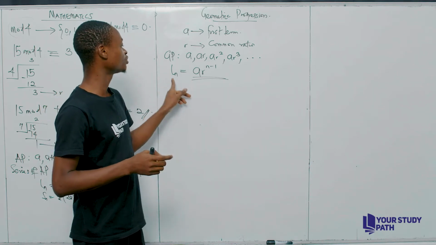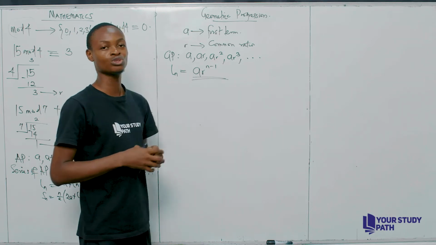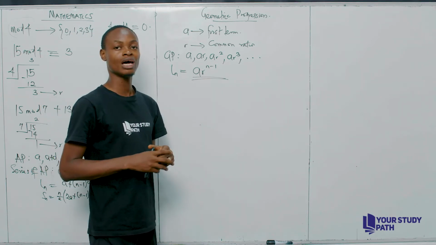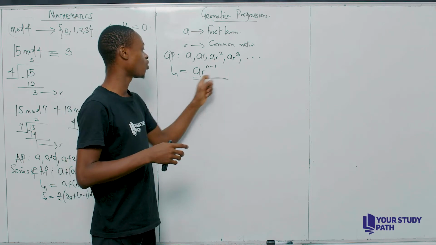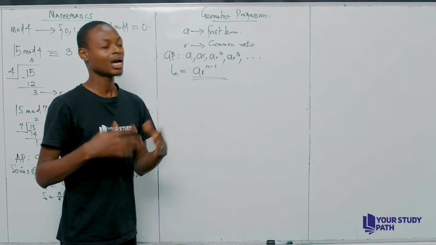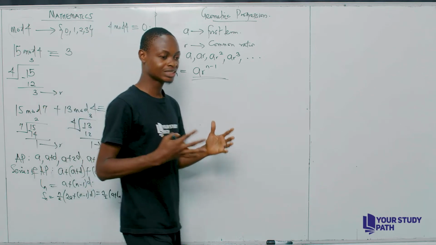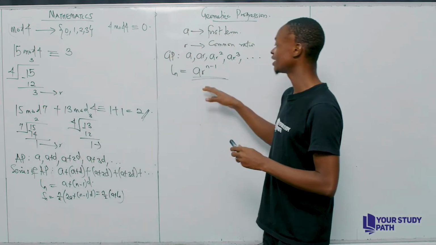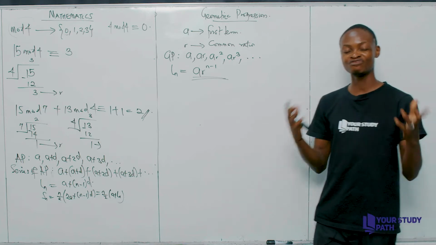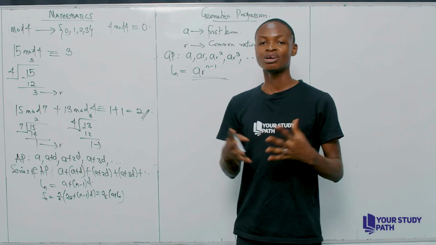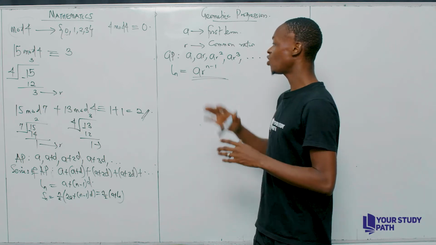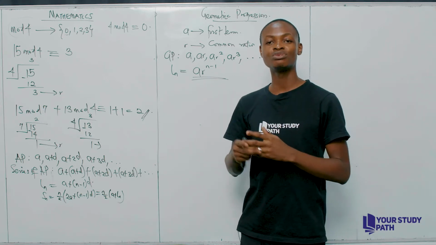Recall that if we were to put, let's say, n to be equal to 3 here, and you put it into this formula, you are going to get the value of the third term. If you put n equal to 4, you are going to get the value of the fourth term, and so on and so forth. This is how we can use this formula to generate the nth term, whether it's the 50th term or the 150th term or the 250th term. Either one is fine.